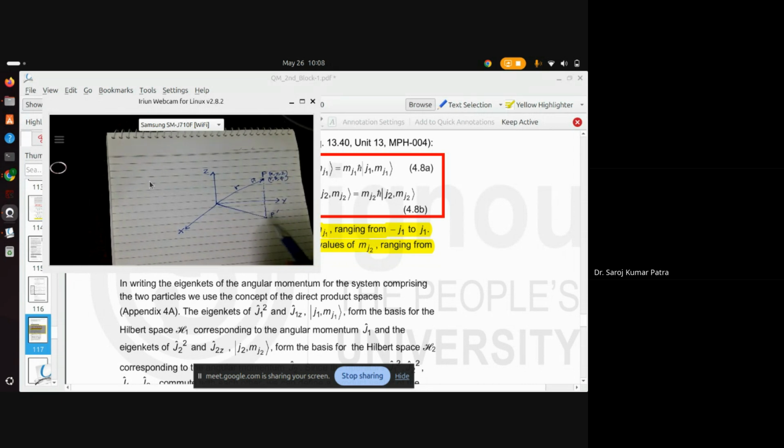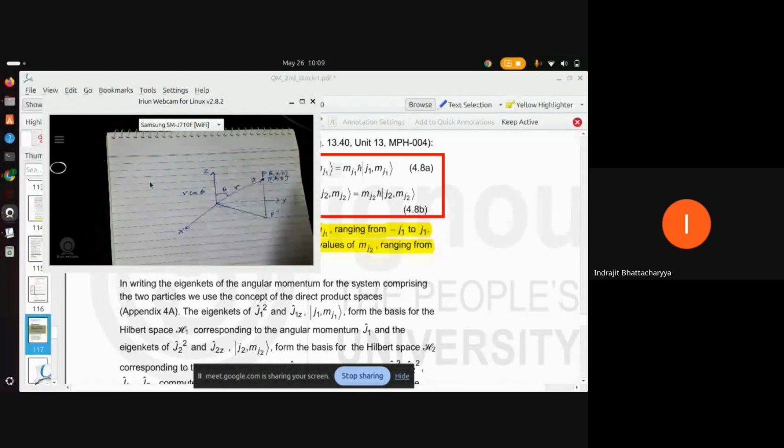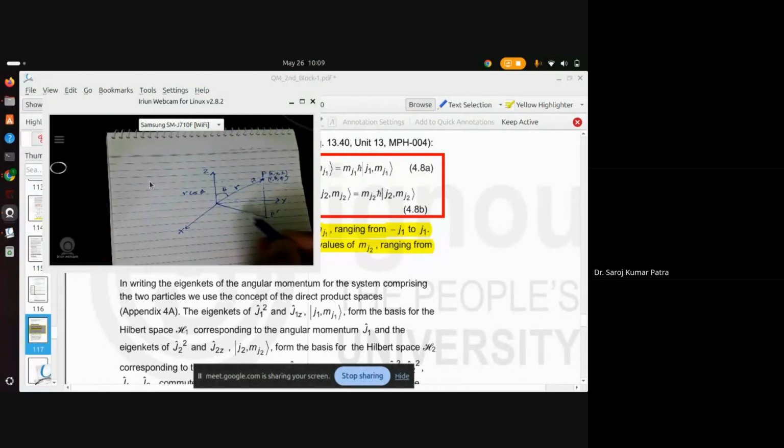This angle it makes with z is theta. So the z component is r cos theta, right? And this projection would be r sin theta, right?